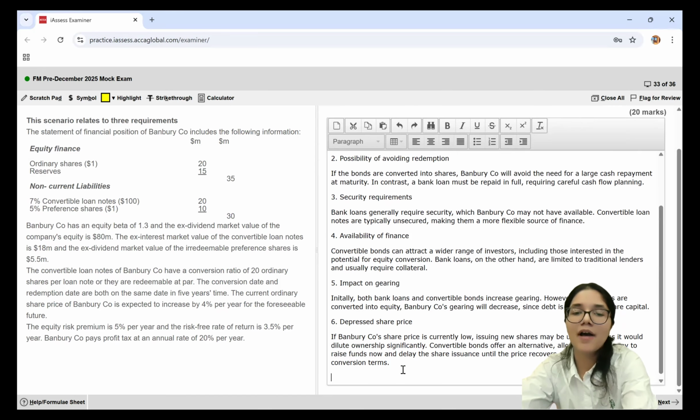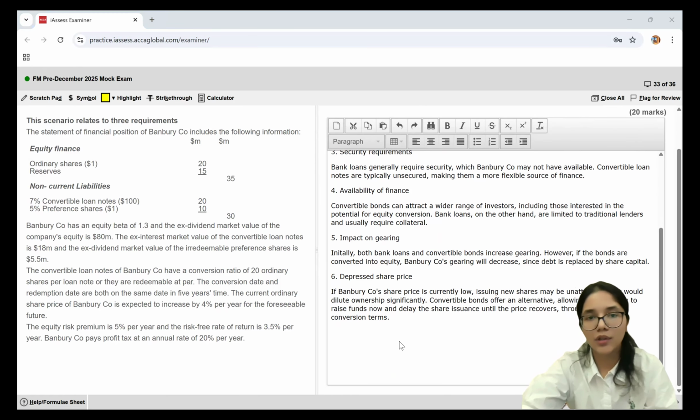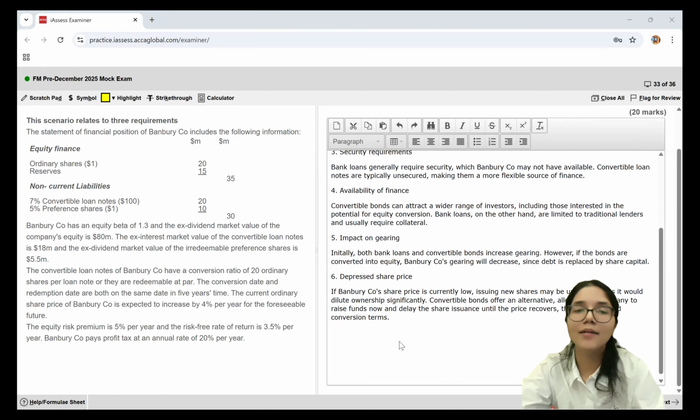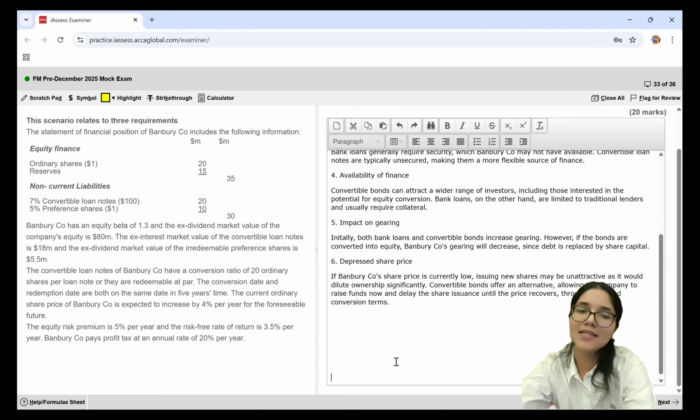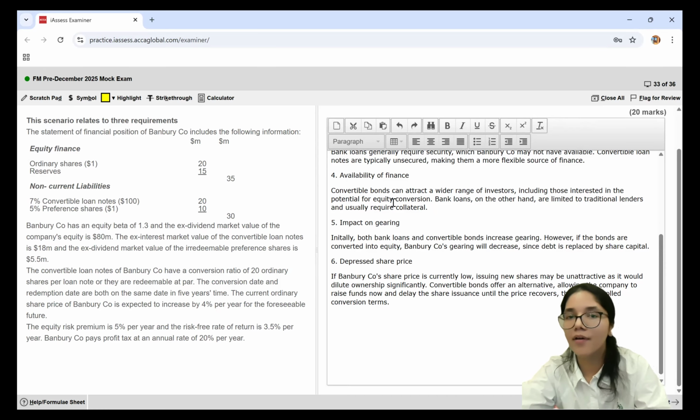So a few other investors will also get attracted to the convertible loan notes. But banks, on the other hand, will only give you money when you give them collateral. So multiple people would be willing to invest in the convertible loan notes, whereas a bank loan can be difficult to obtain. You can only get it if you have security. So this also makes it more preferred for the Banbury company.